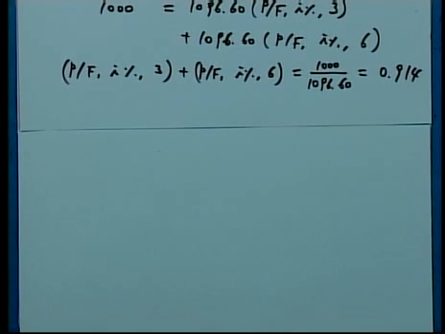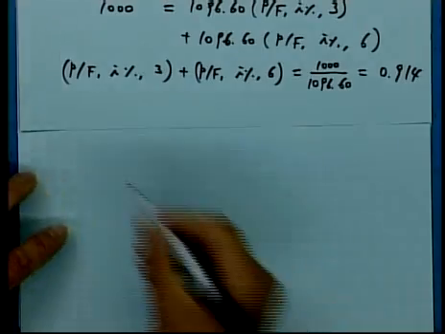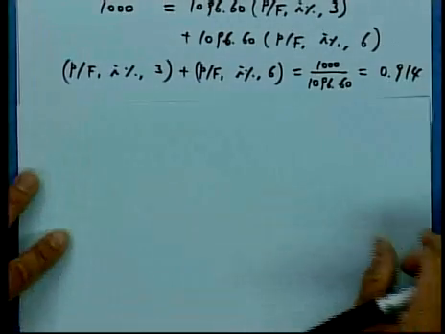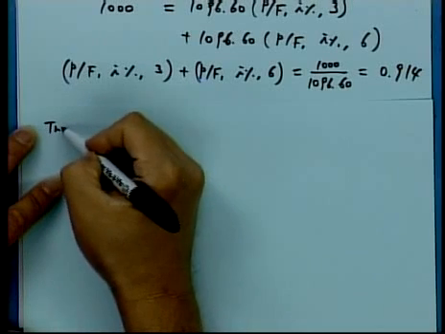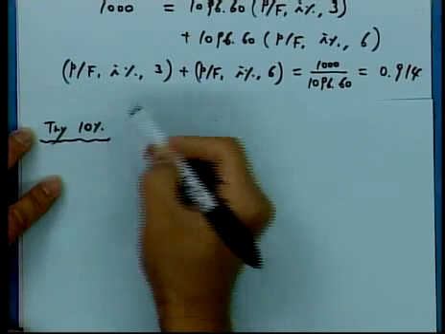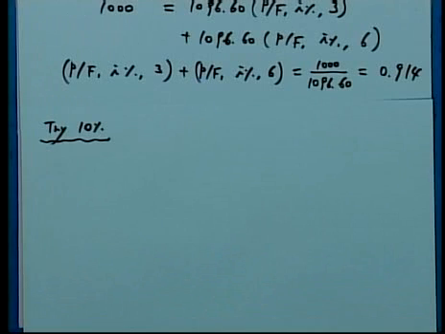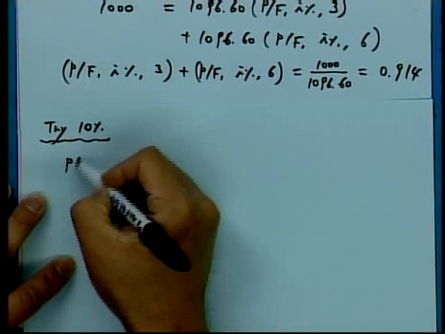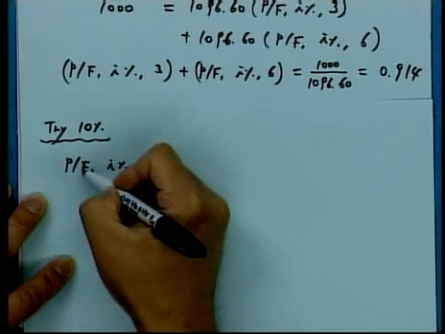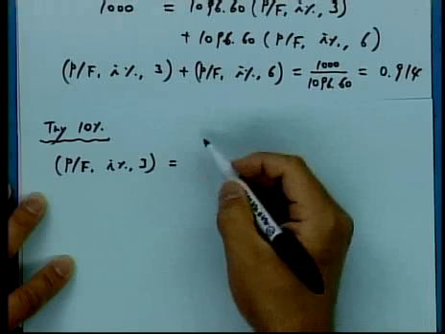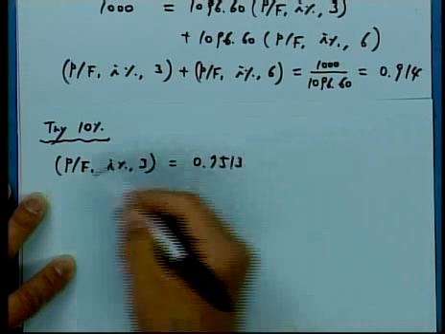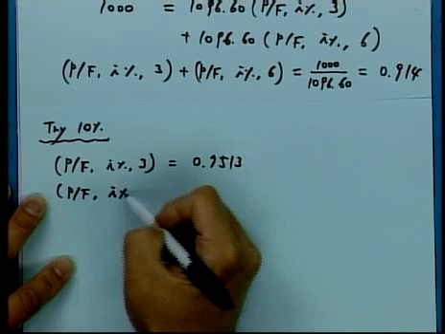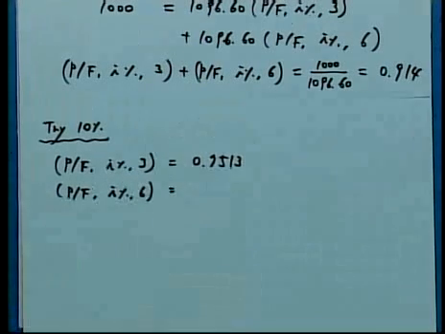Okay, how about let's try 10%. For 10%, P given F over 3 periods is 0.7513, and P given F over 6 periods is 0.5645.